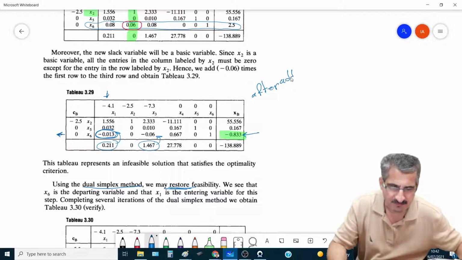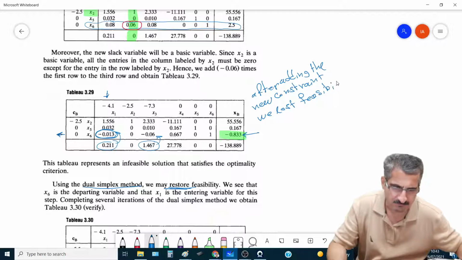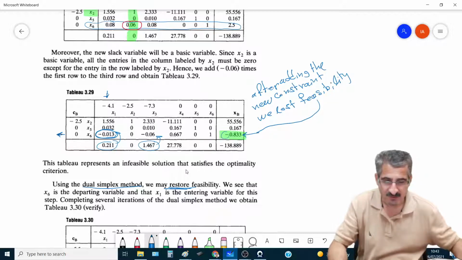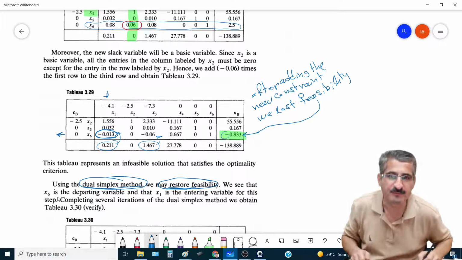After adding the new constraint, we lost feasibility, which means we have a negative here. We have this negative, and we want to restore that feasibility. This is why we use the dual simplex method.